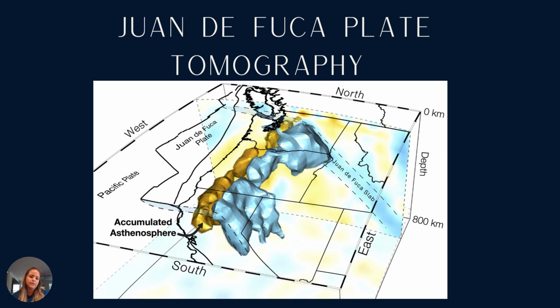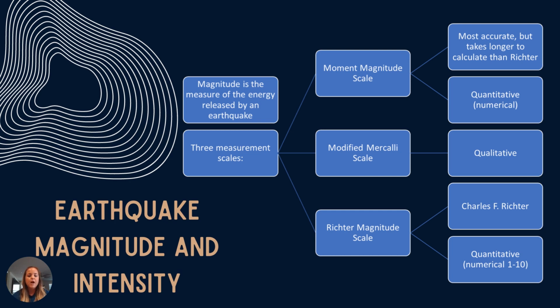All right, so when an earthquake actually occurs, we want to know something about the magnitude and intensity, and the energy that is released will tell us something about that. Depending on the information that you have, you're going to see a couple of different scales.